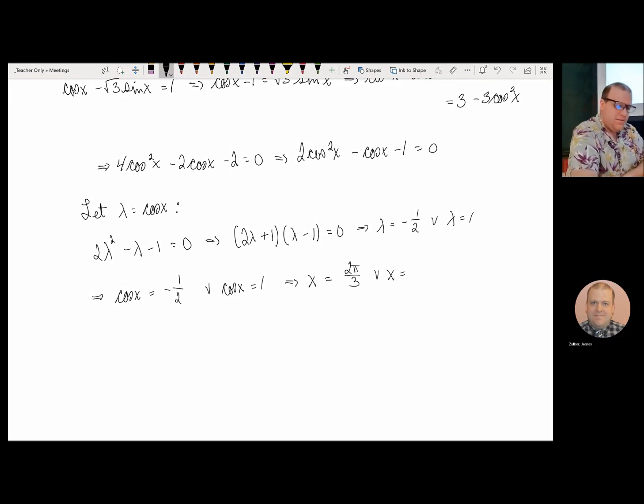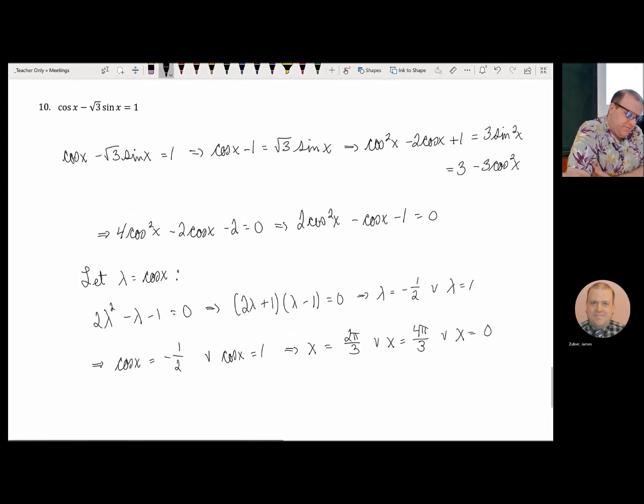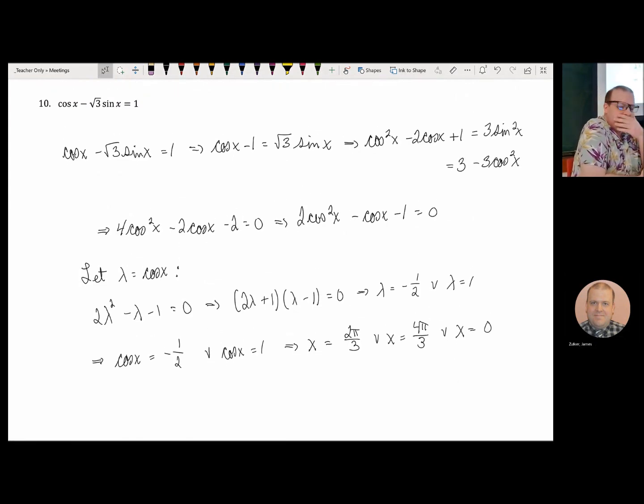Four pi over... and then cosine is 1 at 0. Zero is a solution. And sine of 0 is 0.